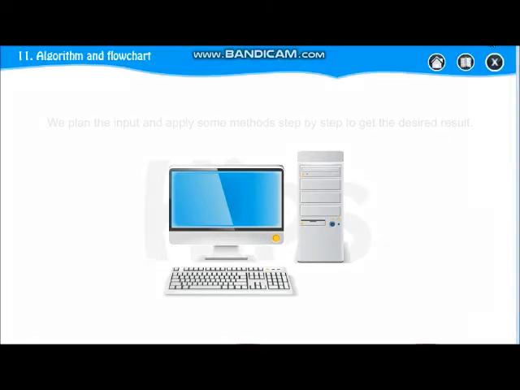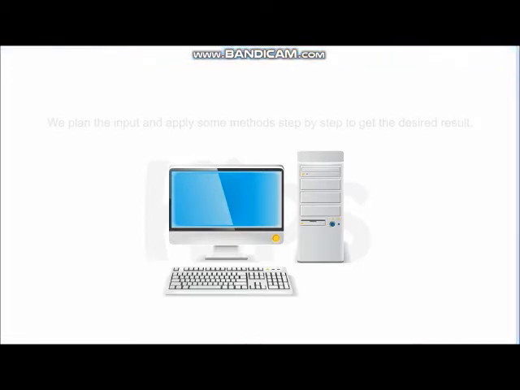So in simple language, when you are doing programming, first you decide the input, then after deciding input you think about the process, that means the logic, the steps to solve the program, and then you get the output. So first decide the input, then apply the process, and then your output for any program.